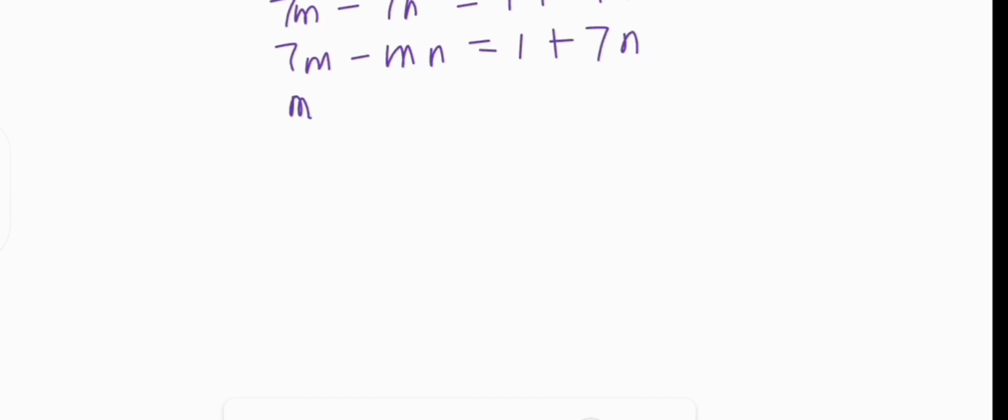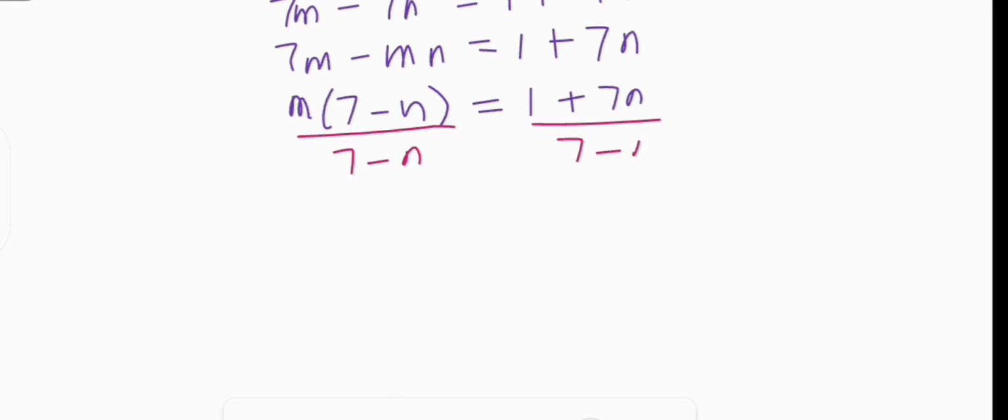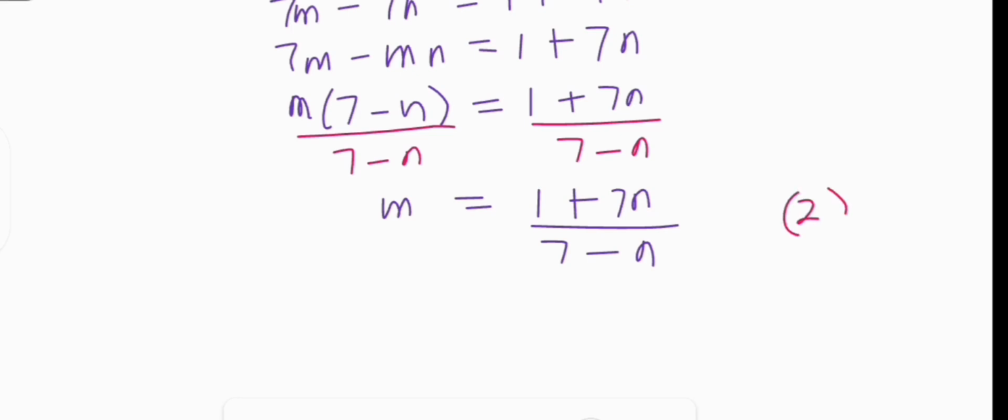Factoring M gives (7 minus N) in the parentheses on the left, and that's equal to 1 plus 7N. Then we divide by 7 minus N. M is (1 plus 7N) over (7 minus N). This is our second equation. Don't forget, the first equation is M is equal to (1 minus N) over (1 plus N).